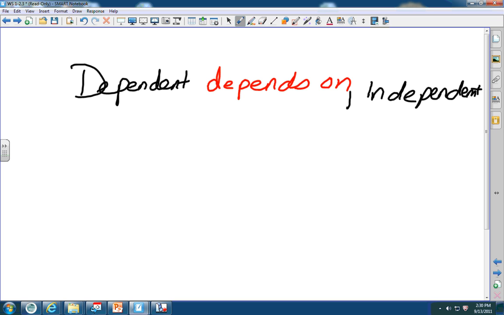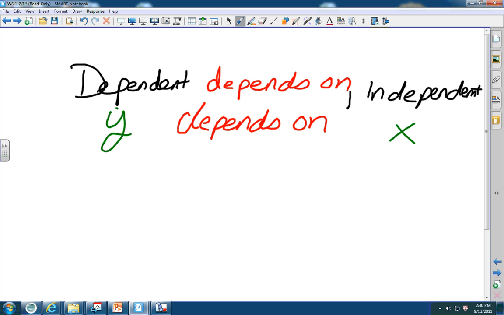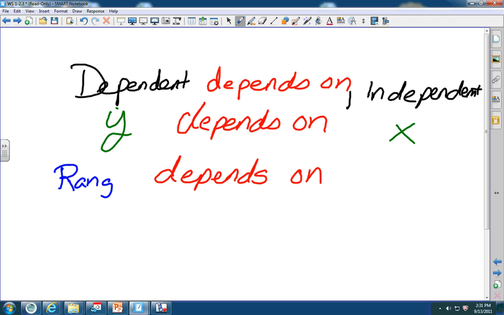I also know that the dependent variable is the y, and the independent is the x. So same thing, y depends on x. We can go farther with that and add in there that the range is the y, so the range depends on the domain.